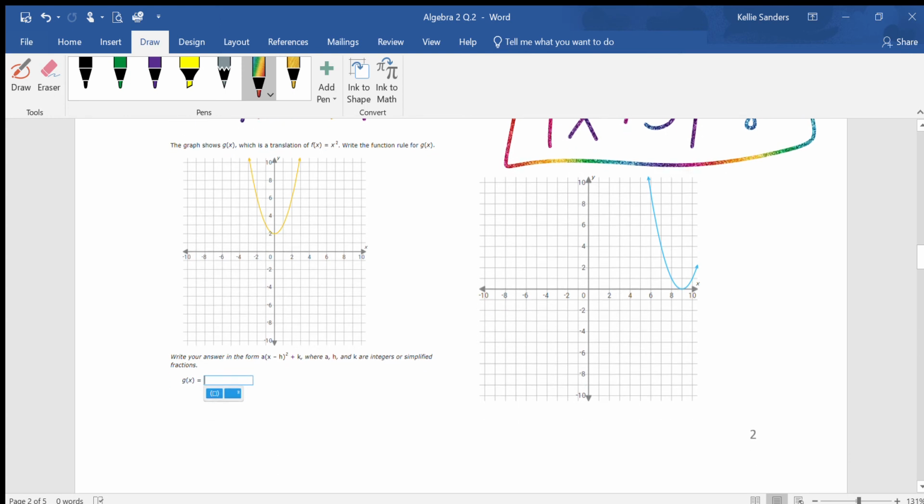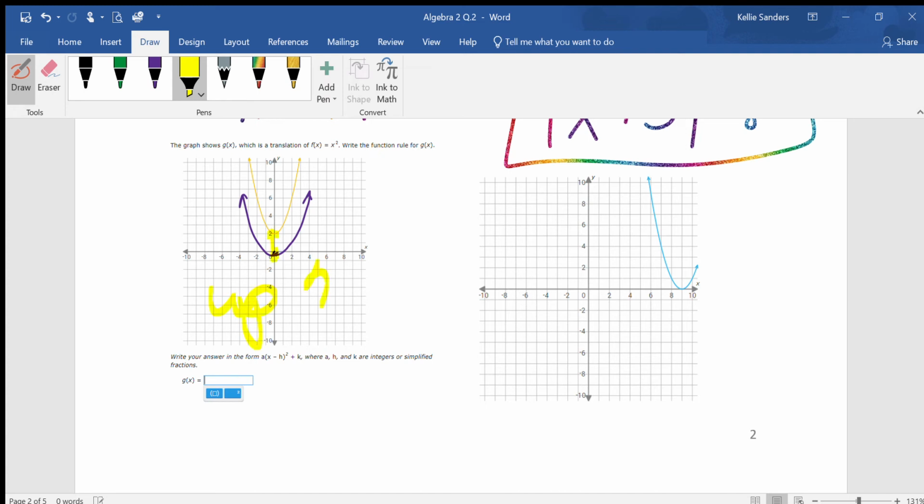Okay, now that we're at the parabolas, and it's the exact same information, we still usually would start at 0, 0, and this would be the normal x squared. It really doesn't look like that. I just kind of slopped it up there, but just look from the vertex. So it was at 0, 0. What did we do?